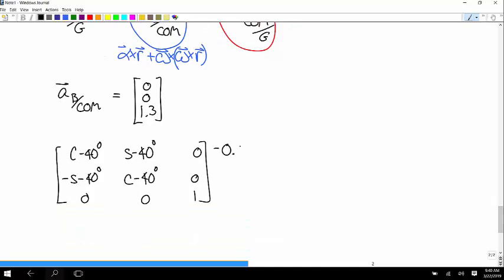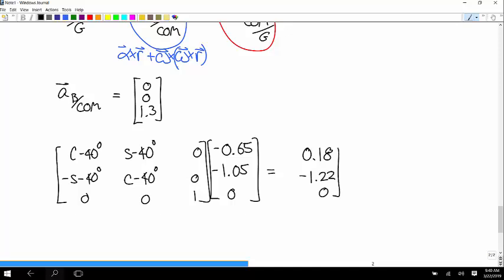So negative 0.65, negative 1.05, 0. And can someone calculate that? Okay, and then this is the r vector.